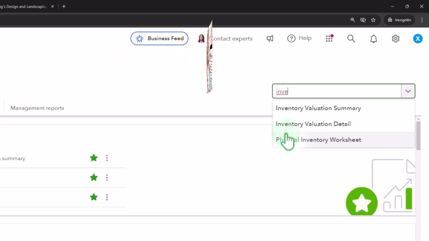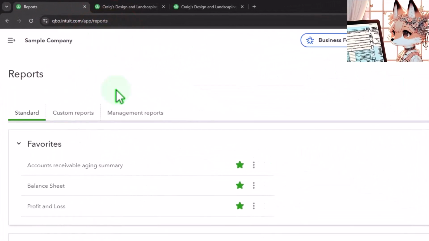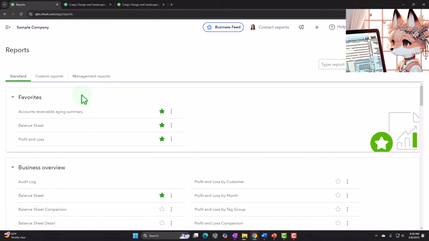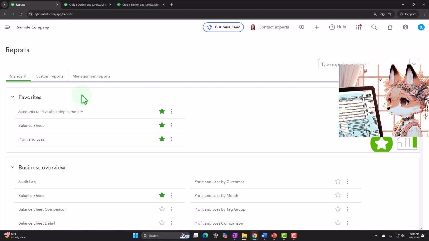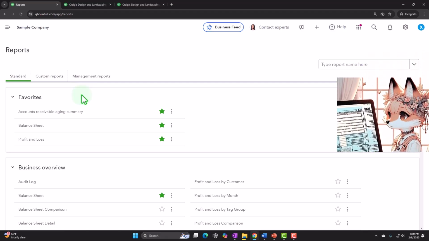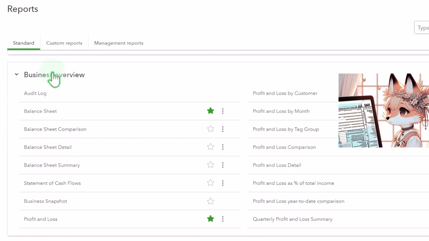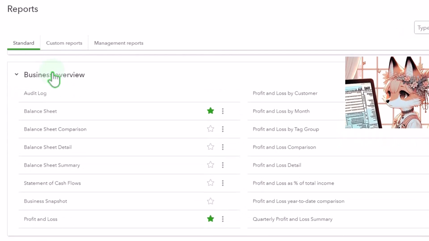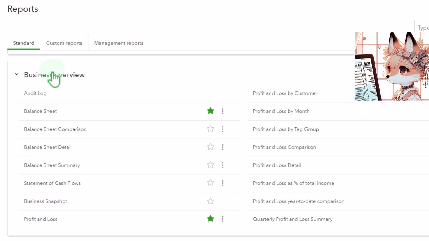Let's see where they're located, however, just in terms of their groupings. Notice that the inventory is a little bit difficult to group because inventory has, like, where do you put it? It's an asset, but we don't have really a grouping here for just asset accounts. You would think it might be in the business overview area here, but it also has a sales component because we sell it to customers.